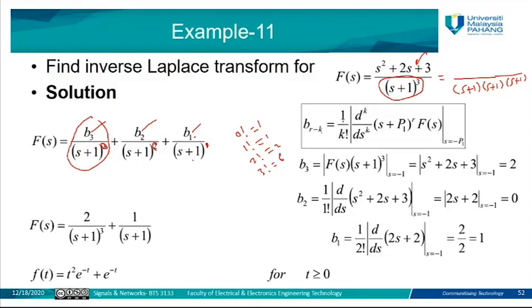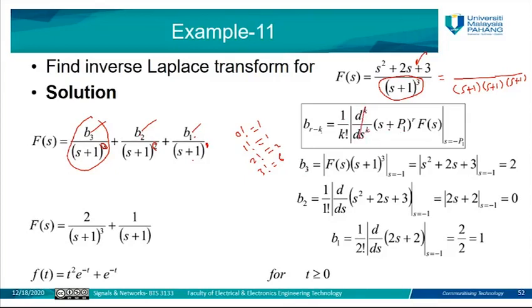Now here we have 1 over k factorial, which is 0 factorial, which is equal to 1. The power of the derivative here, d of k equal to 0, so that means there is no derivative. d to the power of 0 is equal to 1. Any number to the power of 0 is equal to 1, so ds to the k also equals 1.